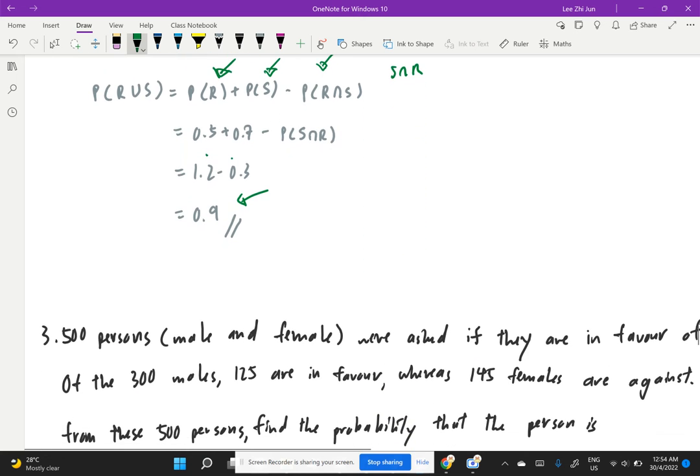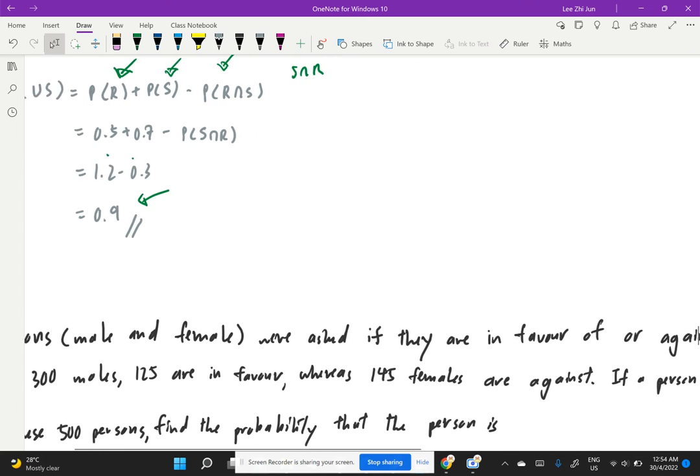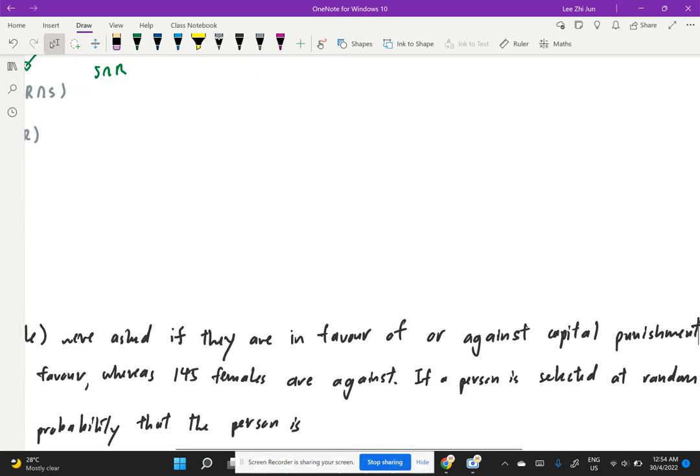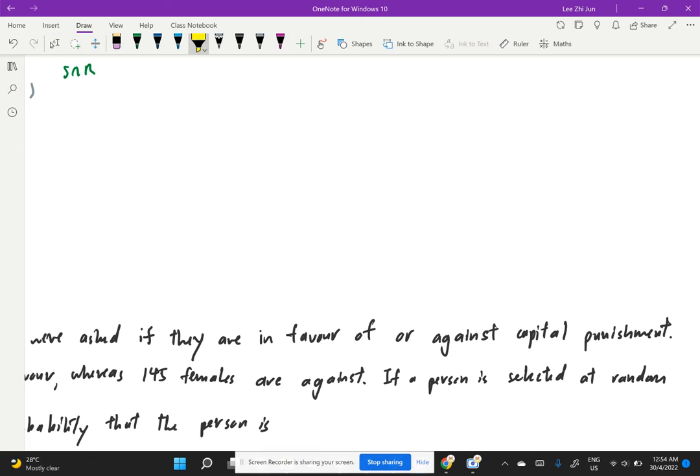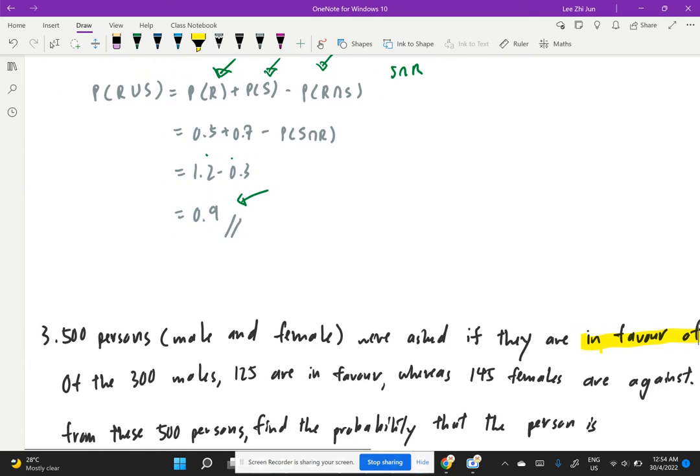I think this is the last question. 500 people, male and female, were asked if they are in favor of or against capital punishment. Of the 300 males, 125 are in favor, whereas 145 females are against.